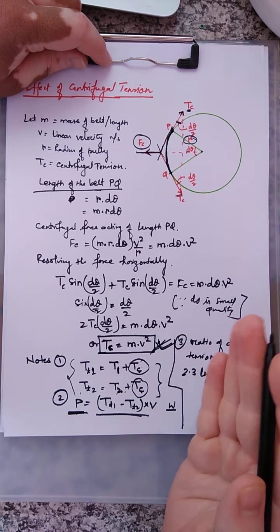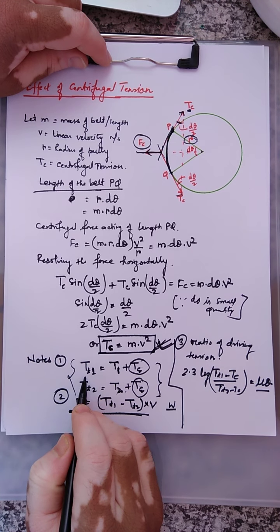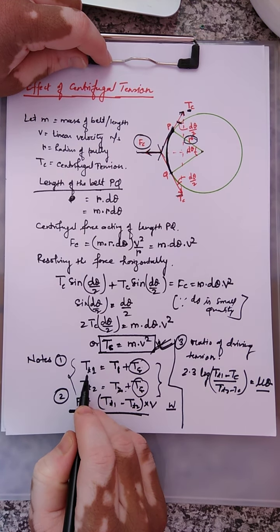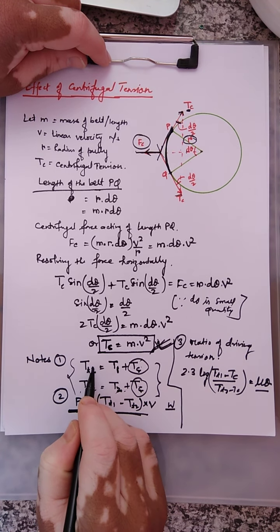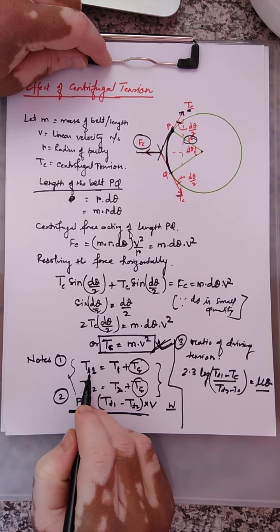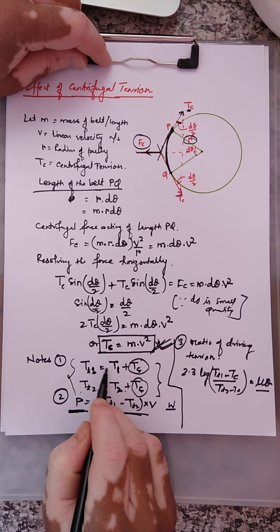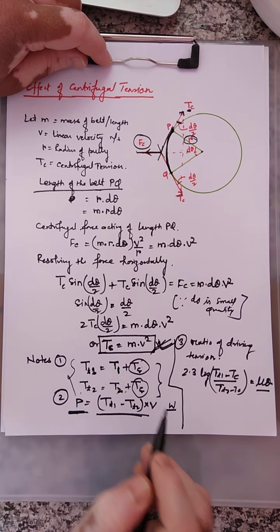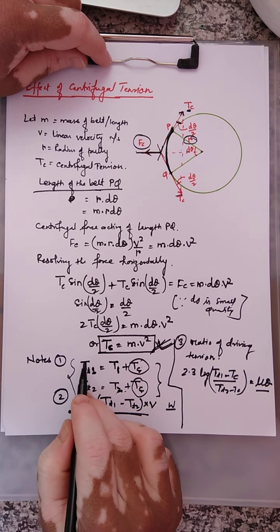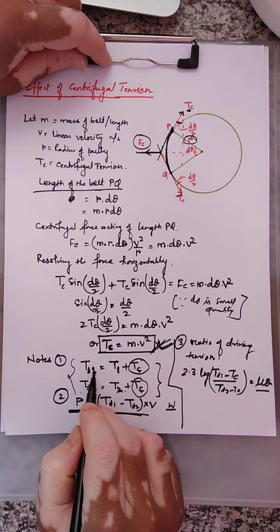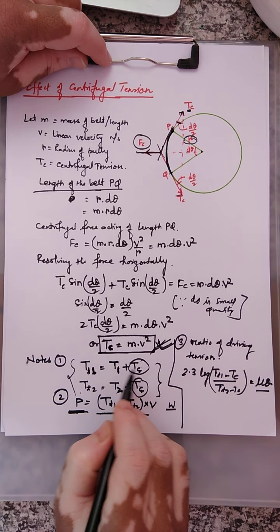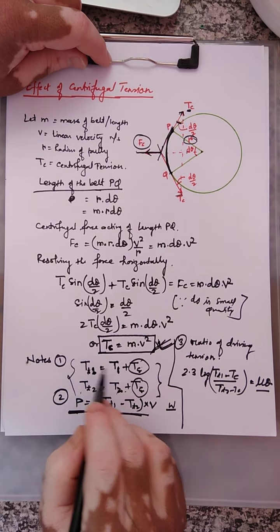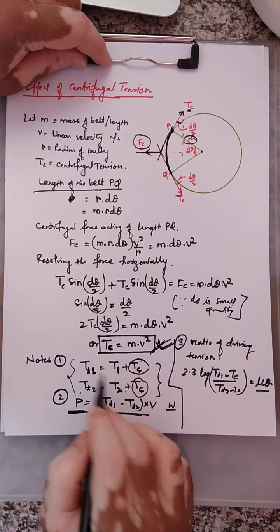The total tension in the tight side, T total 1, will be T1 plus Tc, that means tension in the tight side plus centrifugal tension.